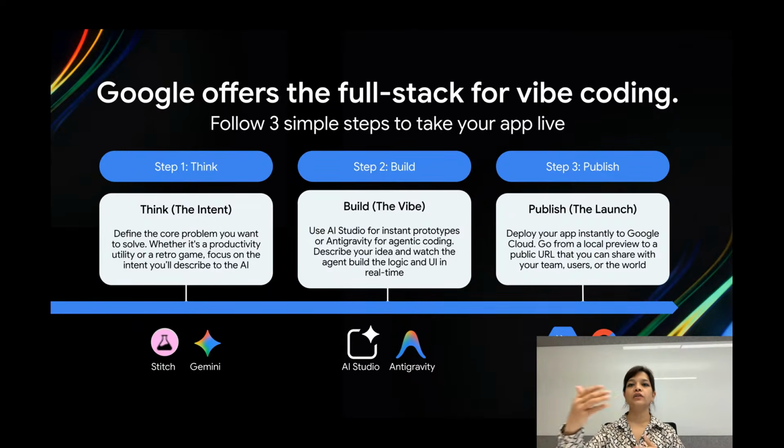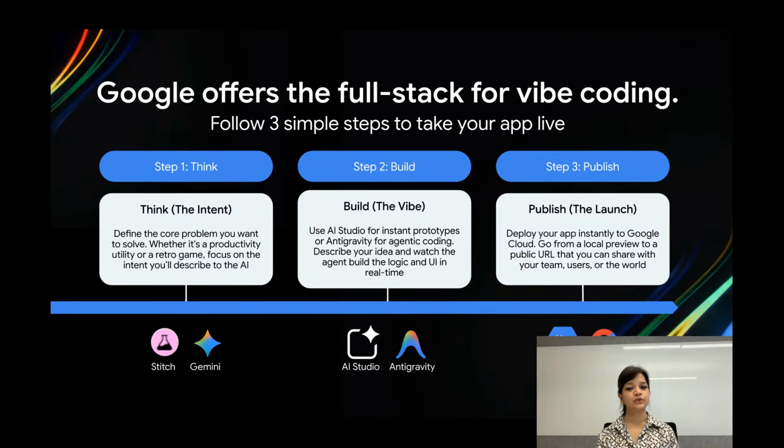So let the Gemini app ask you questions, and let it frame the thoughts, or build upon the thoughts that you initially have. That is what we call the think process. And for this, we are going to use the Gemini app. You just ask questions, get answers, or you ask the system to ask you questions, while you shape the intent. And then Stitch, which is to frame your user interface.